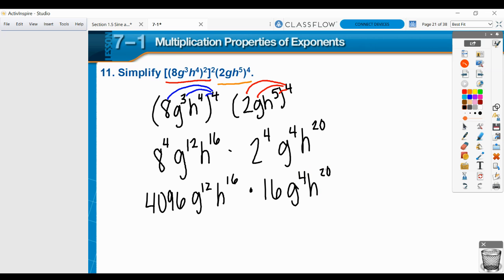Okay, now we still aren't finished yet because we have variables that are the same. So this now is the first thing we did from the last video. This is where you want to add the exponents. So I'll put add exponents over here.